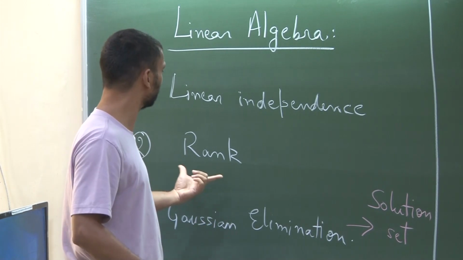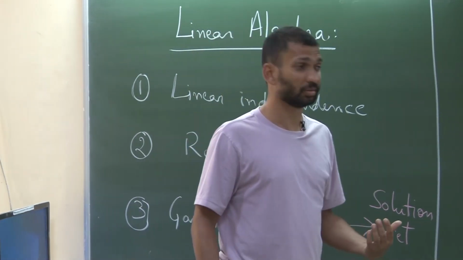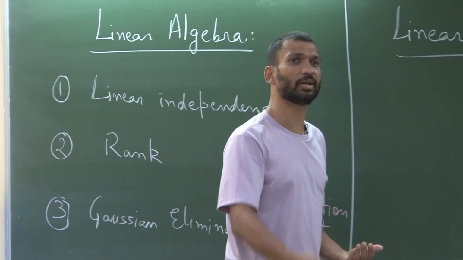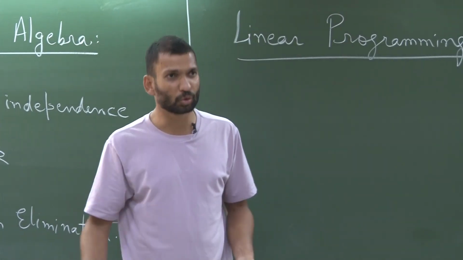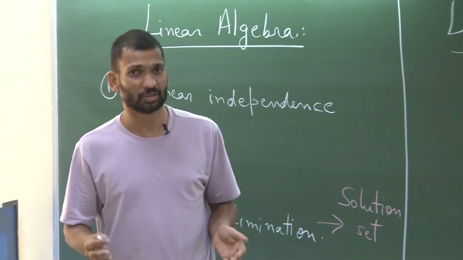Then once we have this concept, we can talk about columns of a matrix as vectors, and then we can consider their rank, which is the number of linearly independent columns, or the dimension of the span of those columns, or the dimension of the span of the rows. Multiple ways we can say what the rank of a matrix is, right?